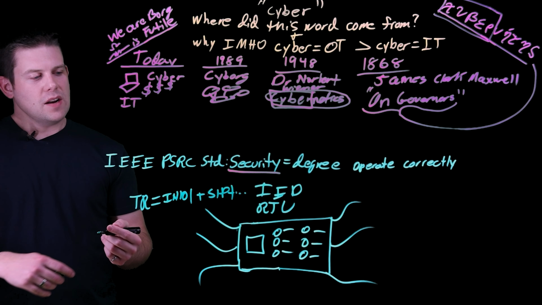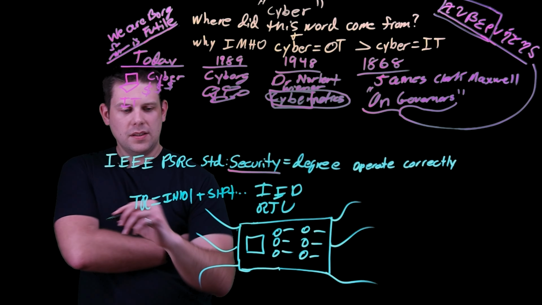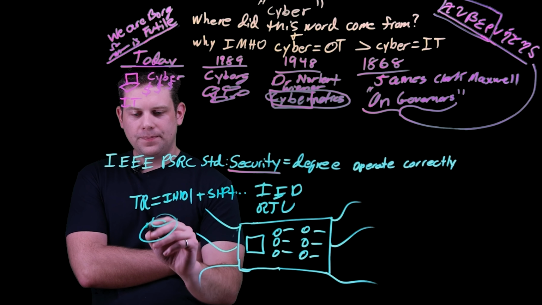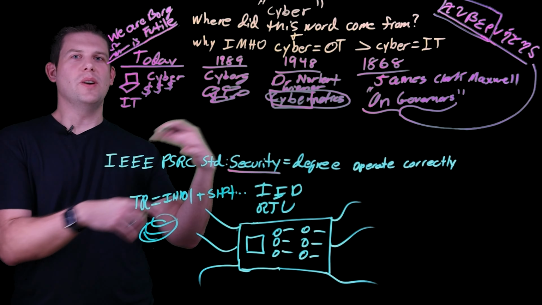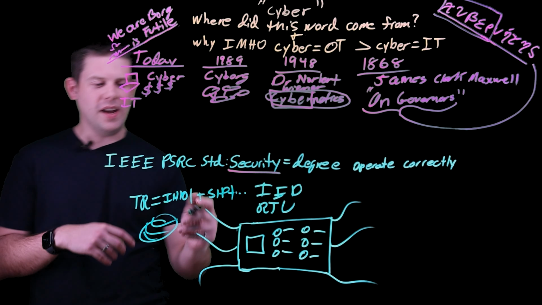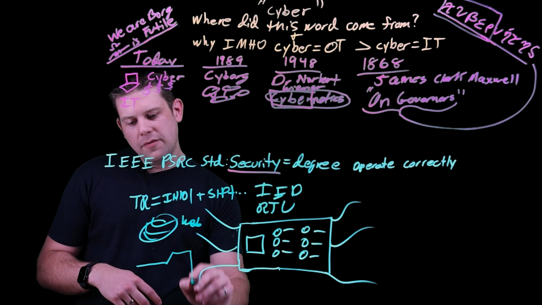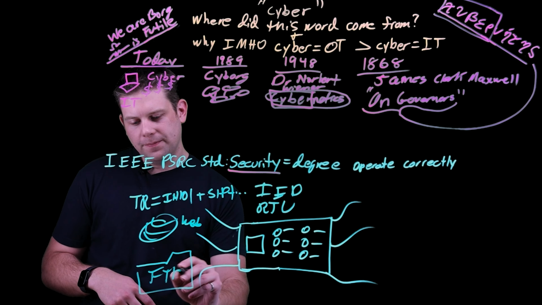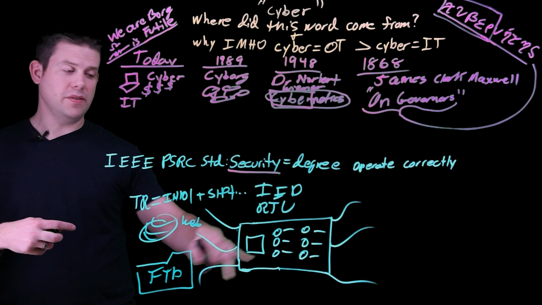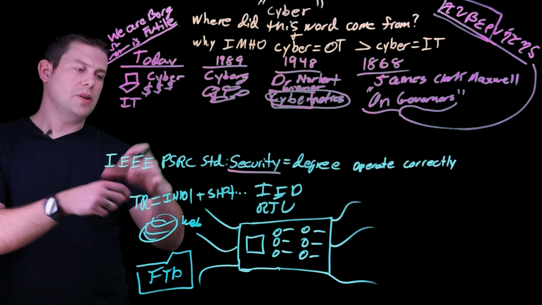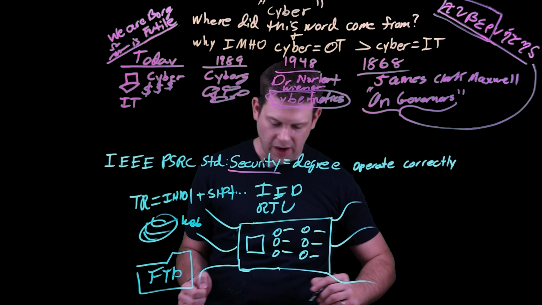And then also inside of this little IED, or in this case a relay, there's a web server. So you have communications, networking, IPs, subnets, all this other stuff. You may also have a file server, like an FTP for transferring faults. If this device sees a fault, it'll capture it, store what it saw, and then you can extract that.